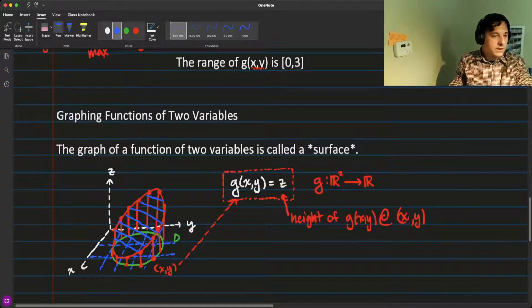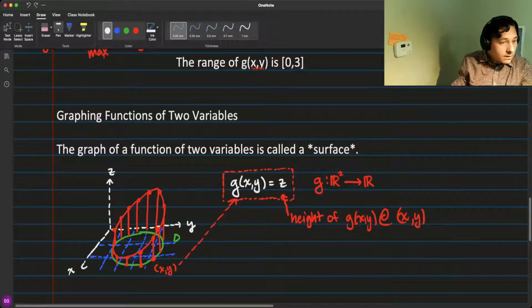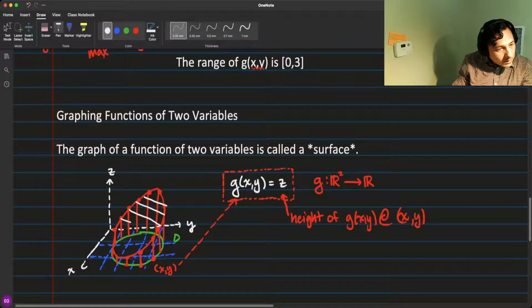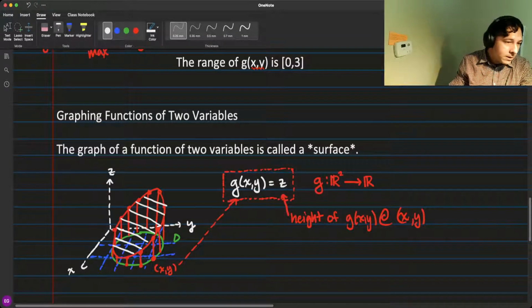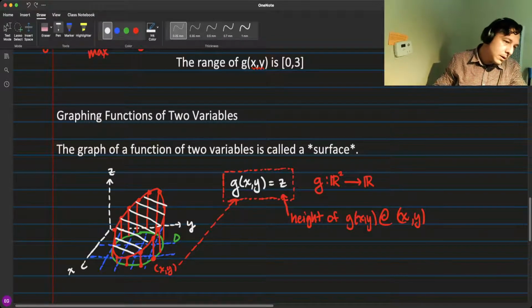Actually, we should probably do this in green. Or no, let's do it in white. Oh my god, I'm having a hard time drawing this.